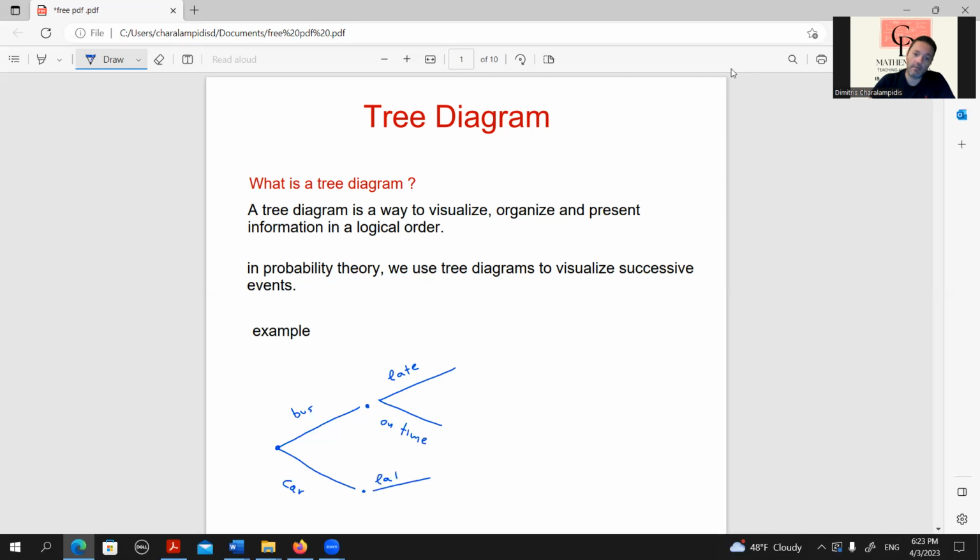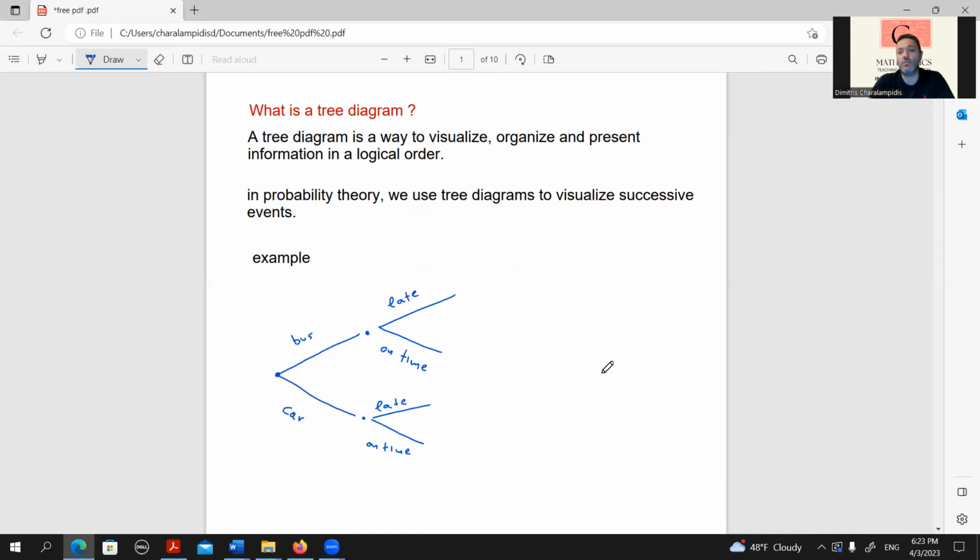Late or on time. So you can clearly see that the two events we care about in the tree diagram I just drew are event number one, the selection of how I'll go to school, whether I'll use the bus or the car, and second event, whether I'll be late or on time.